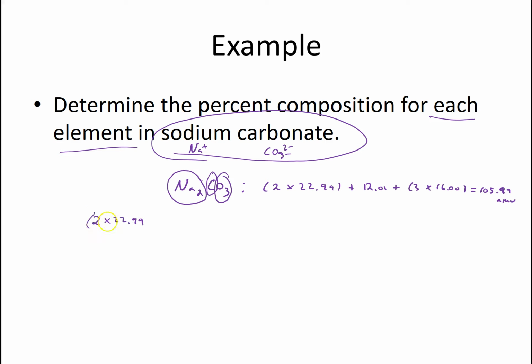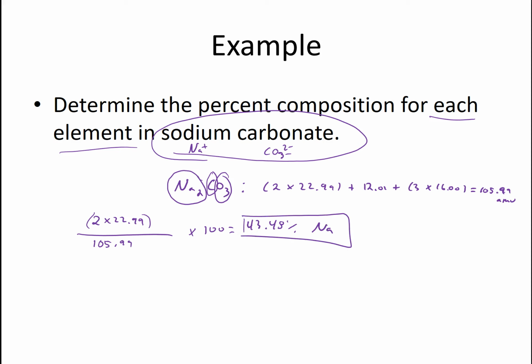That is the mass of just the sodium in that formula, the mass of the individual element sodium. I'm going to divide that by the total molecular mass, which is 105.99. And then, of course, that will give me a decimal. To turn that decimal into a percent, I multiply it by 100, and that should give me 43.48% sodium. So that is one of my 3 elements.